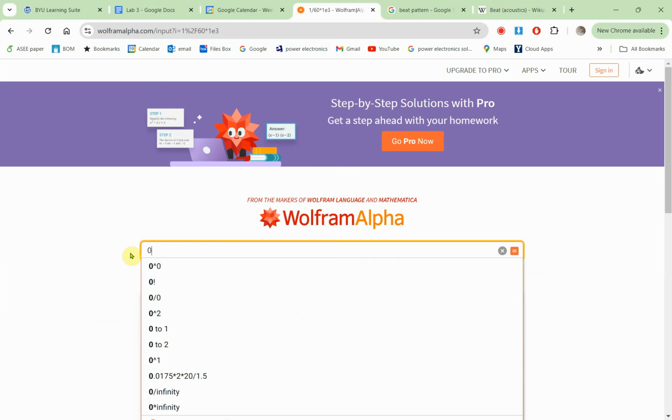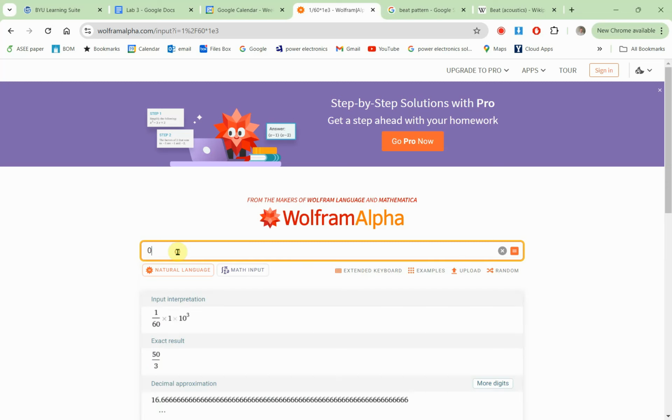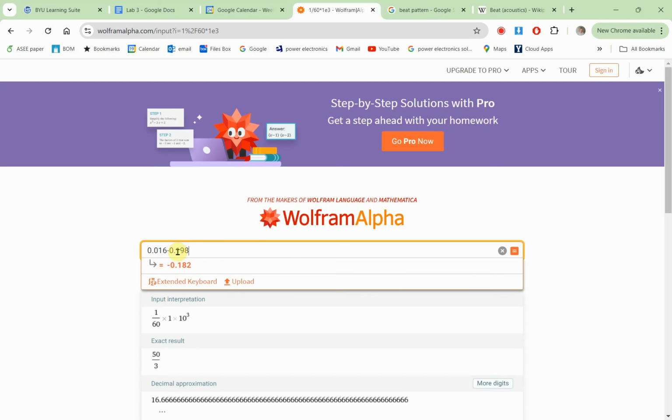So 0.016 minus 0.198. So this is minus 0.182. And this is negative, and we need it to be positive and greater than 0.2. So this number here, the signal minus the noise, has to be greater than 0.2 to meet the spec, and we want it to be as large as possible to be able to get the maximum points.